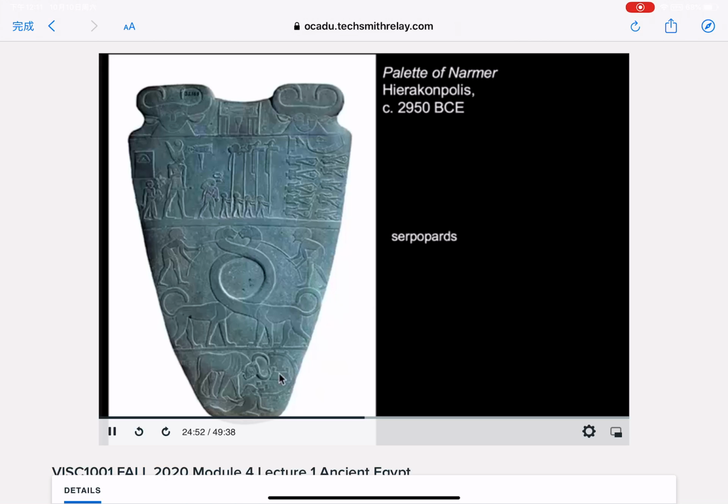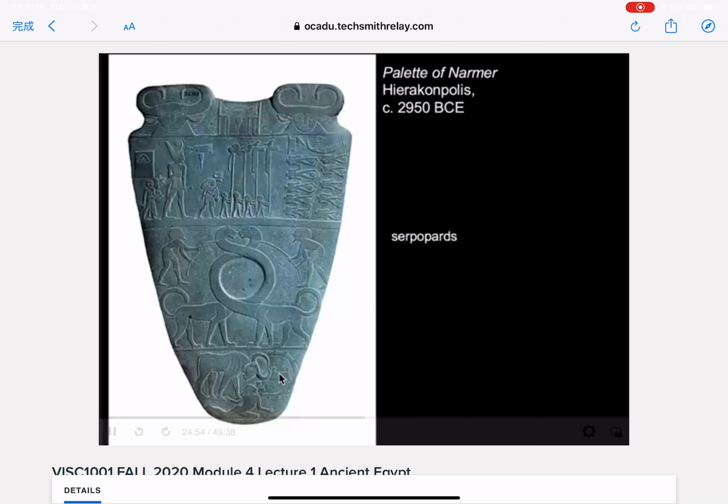So, collectively, this palette displays certain artistic conventions that, as we'll see, remain relatively constant throughout the duration of Egyptian art across millennia.